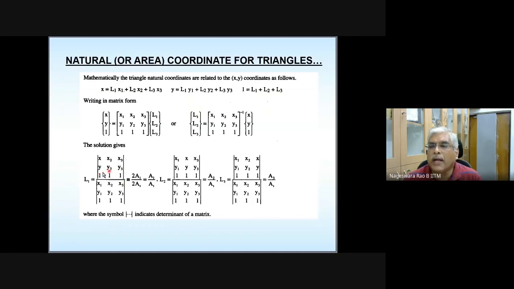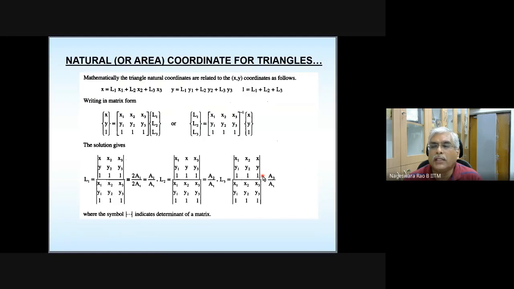Please go back to your mathematics and verify. When you substitute the coordinates of node 4 in these three equations, x replaced with x1 plus x2 divided by 2, y replaced with y1 plus y2 divided by 2, do the same exercise wherever x, y appear.